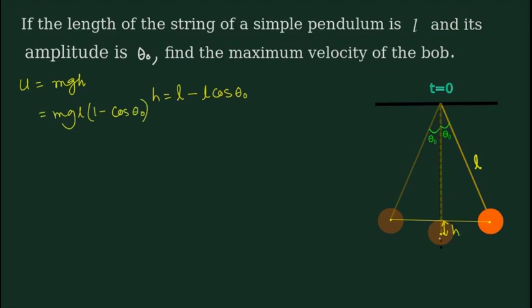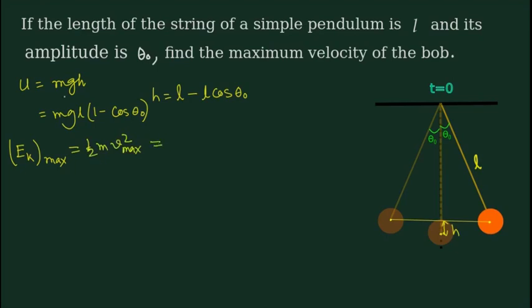Now when the bob comes to the equilibrium position, its velocity will be maximum. In other words, its kinetic energy will be maximum. That means the whole potential energy is converted into kinetic energy at equilibrium. Ek max equal to half m v max square.